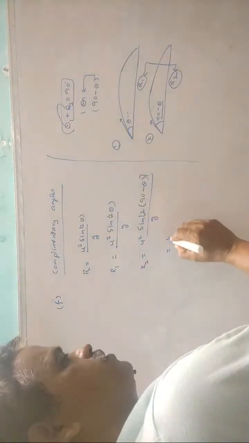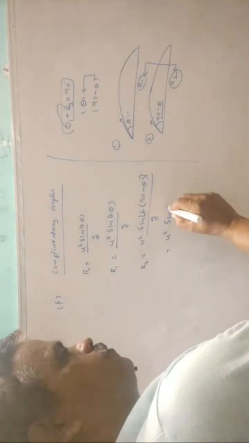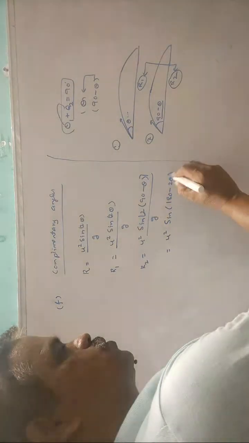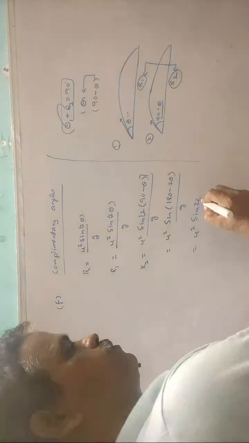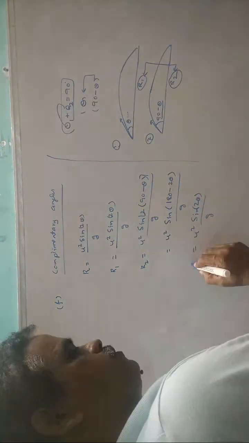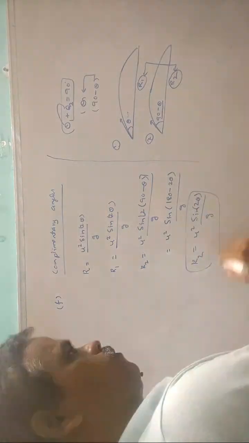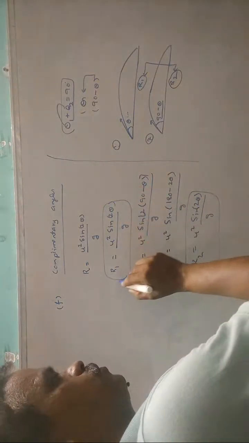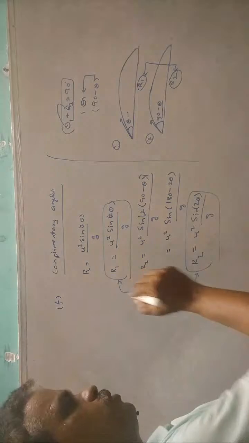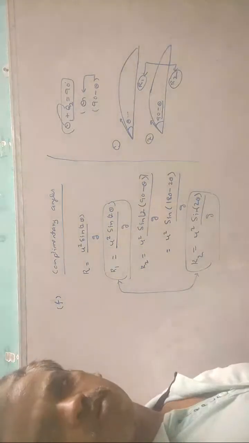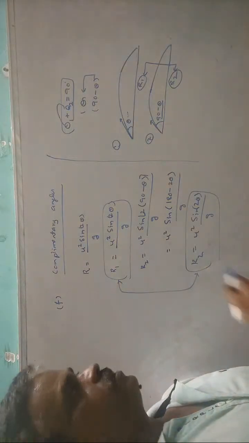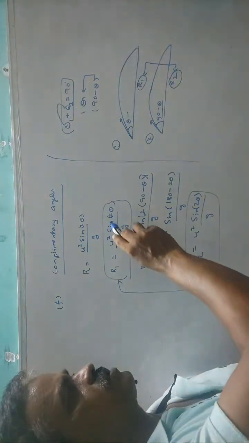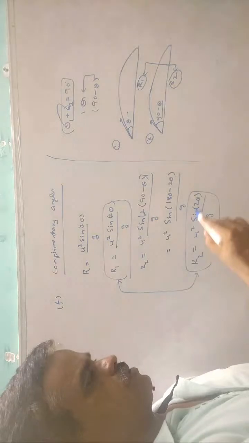We can write this as u square sine (180 minus 2 theta) by g, which is u square sine 2 theta by g. Observe these two relations. What are you getting? R1 equals u square sine 2 theta by g, and this is also u square sine 2 theta by g.